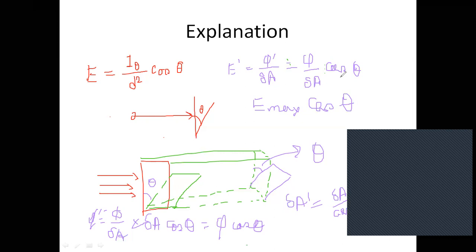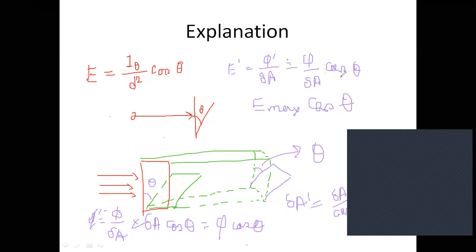And in the other case, all the flux is intercepted by a larger element. First it was del A, and the area became larger, that is del A dash.